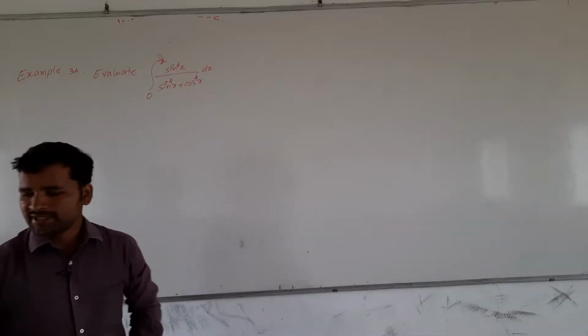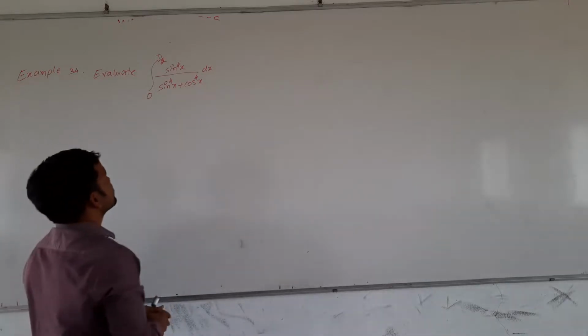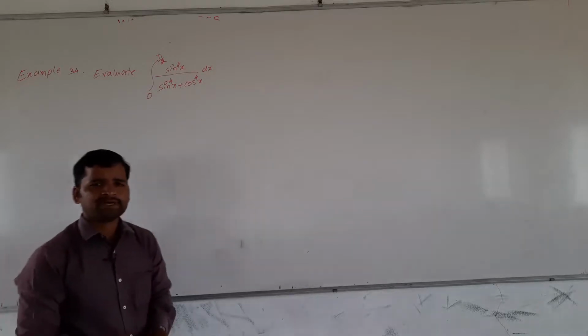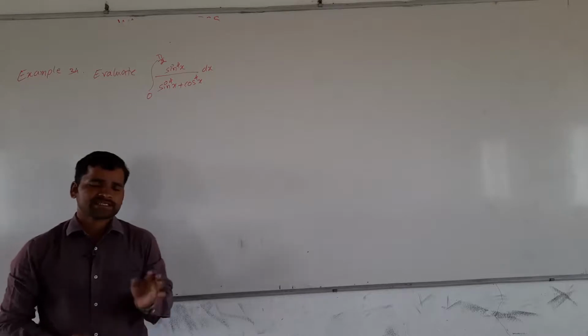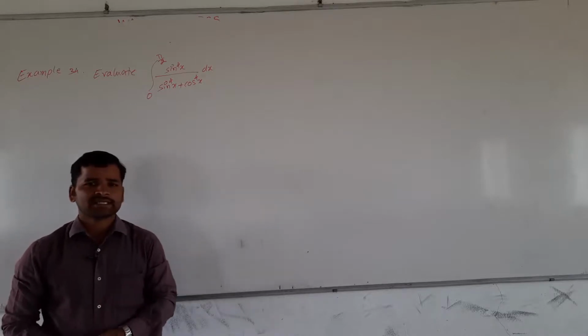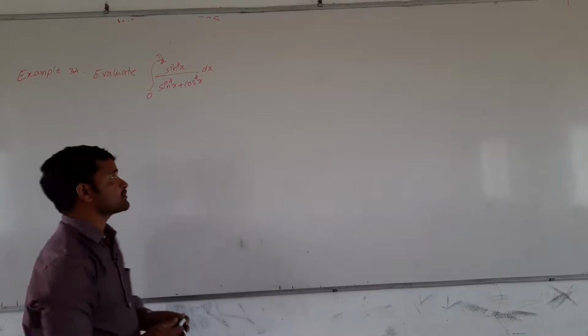Very simple problem it is. The answer is pi by 4. Just by seeing this kind of problem, we can say the answer. Many such problems are there. With practice, you will come to know.